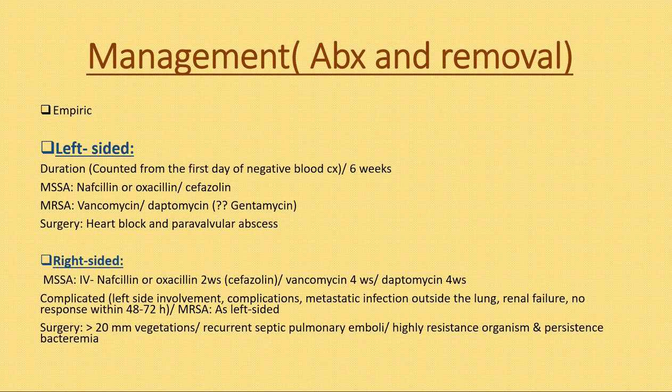But if the patient comes from a nursing home or has been hospitalized for a long time, and we do a MRSA swab, and the MRSA swab came back positive, we have to use vancomycin. If the patient, for any reason, cannot use vancomycin, or the organism is resistant to vancomycin, we could use daptomycin.